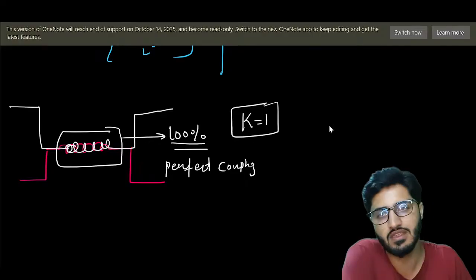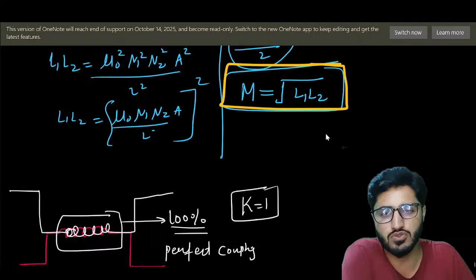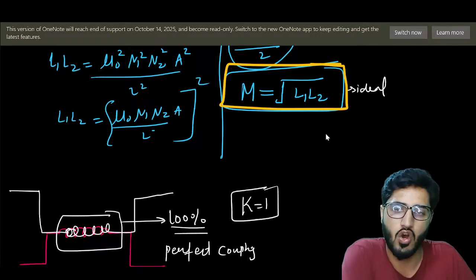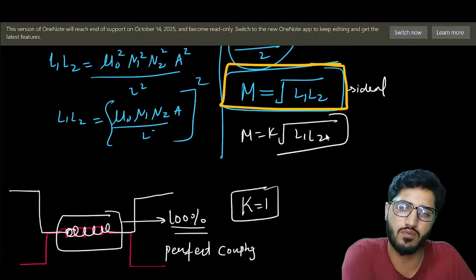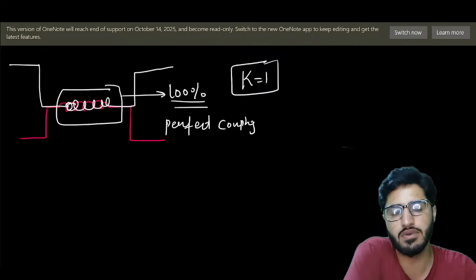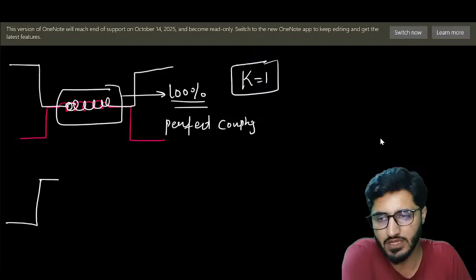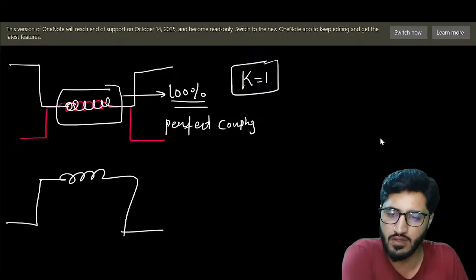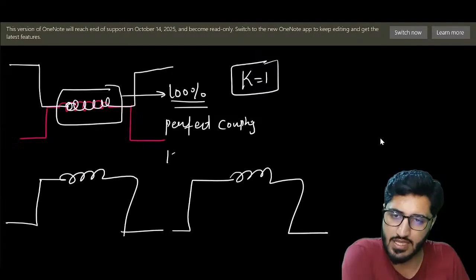For perfect coupling, K is equals to 1. So basically the equation is M, but it is an ideal case. Originally M equals to K under root of L1 L2. So if it is 100% coupling, you have to take K equals to 1. If it is not, let's suppose we are having this one, here K is less than 1.